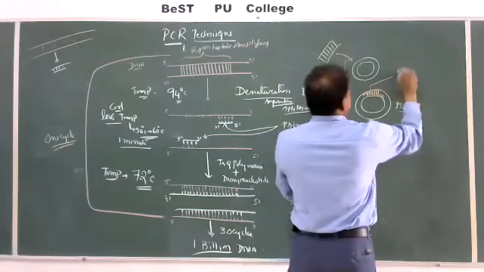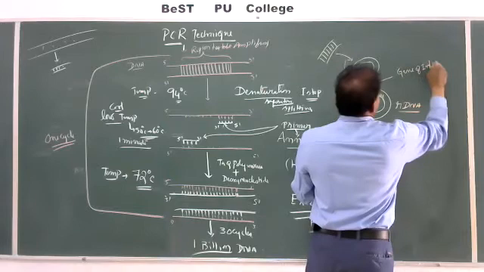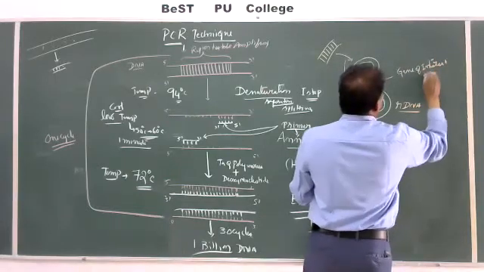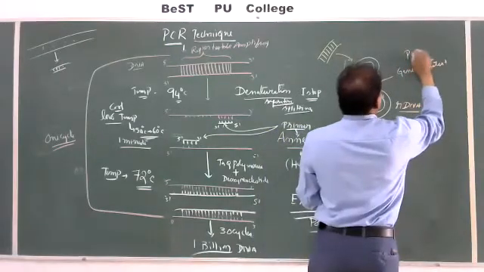This is called gene of interest or alien DNA, piece of DNA, or passenger DNA.